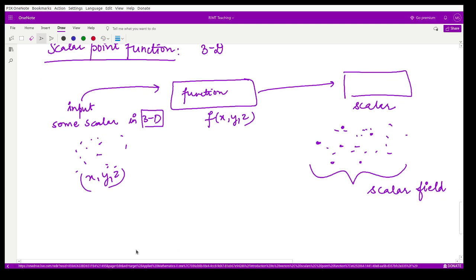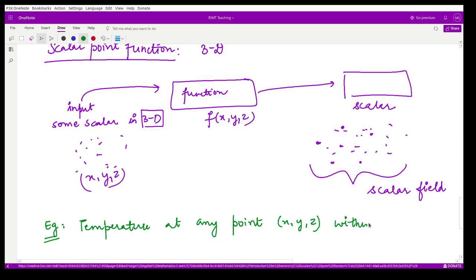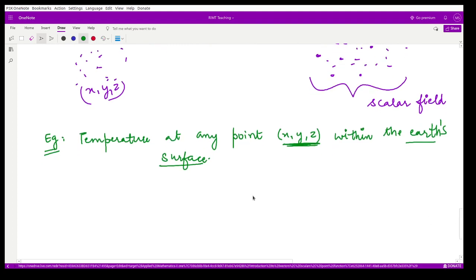Now let me give you an example. Suppose you are given temperature at any point x, y, z within the Earth's surface. So now you are talking about all the points present in the Earth's surface, and we are taking the three-dimensional case, right? So what is the function?